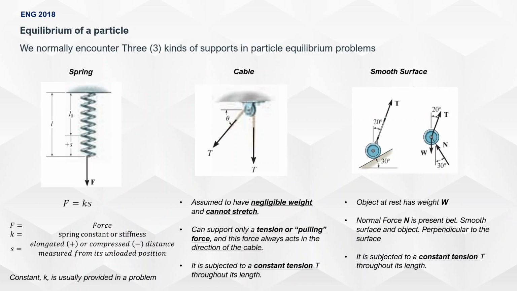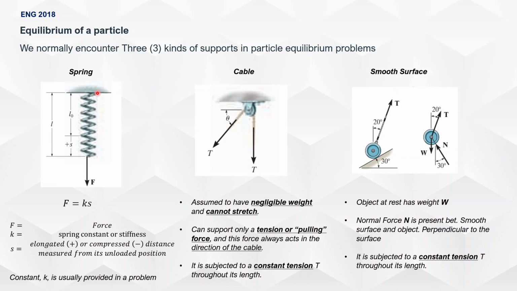Next, for equilibrium of a particle, we normally encounter three kinds of supports in particular equilibrium problems. So we have the springs, the cable, and the smooth surface.